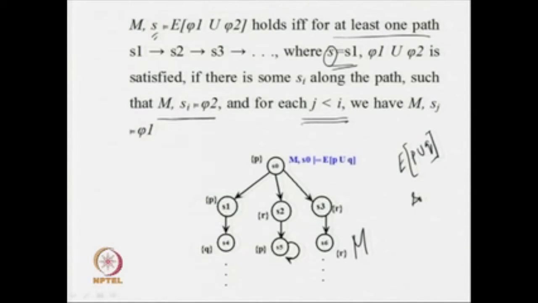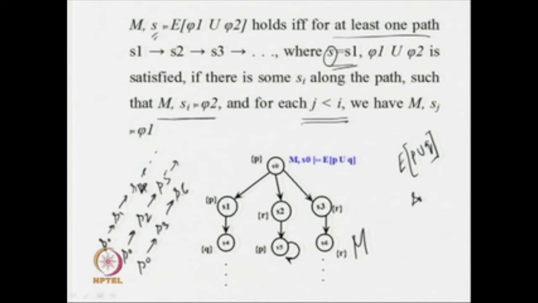Again, similar to our previous case, we are going to get 3 paths: S 0 to S 1 to S 2, then S 0 to, sorry, S 4, then S 2, then it goes to S 5 and remains in S 5, and the third path is S 0 to S 3, then from S 3 to S 6.